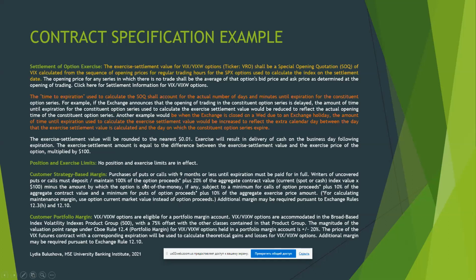So if these details are important to your strategy calculations, you can have a look at the Chicago board details. These details are given on their website.